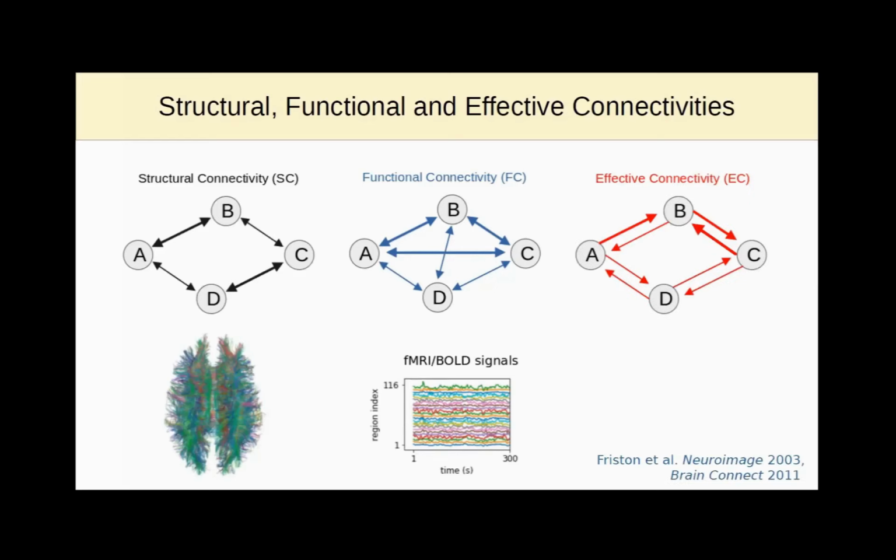And so the concept of effective connectivity is then to try to estimate this directional interaction. Meaning that we're going to take this template of anatomical connectivity and estimate weights for each direction. That is going to explain that in this case, it's region A that is driving region B, and regions B and C are strongly coupled.